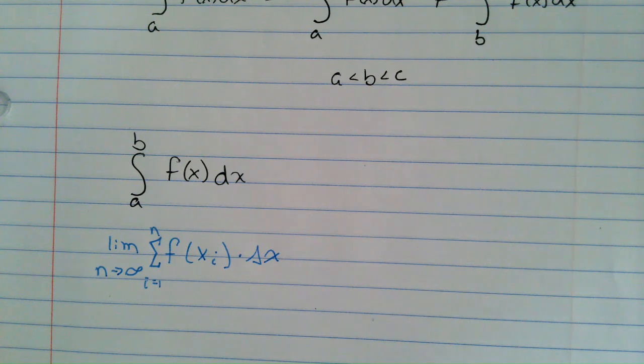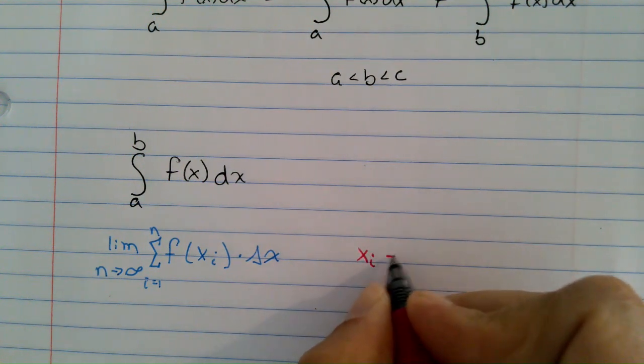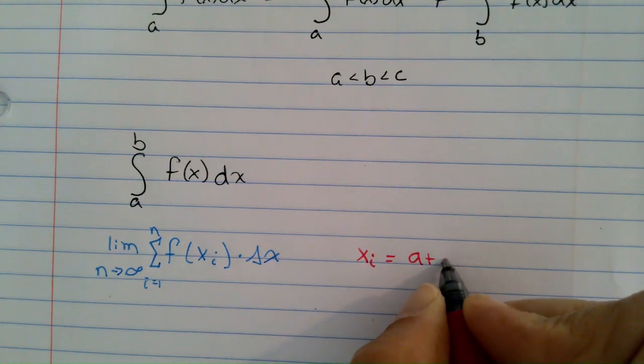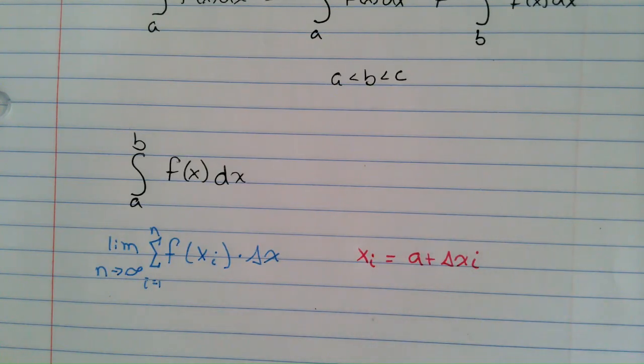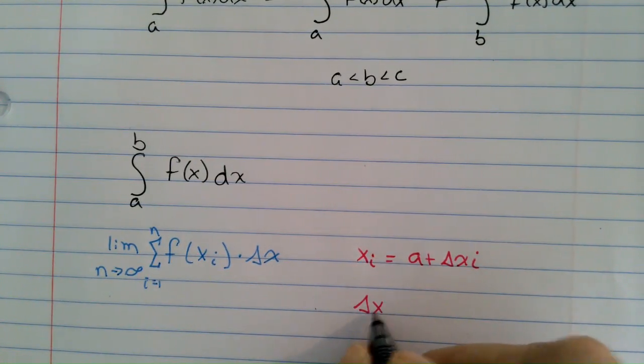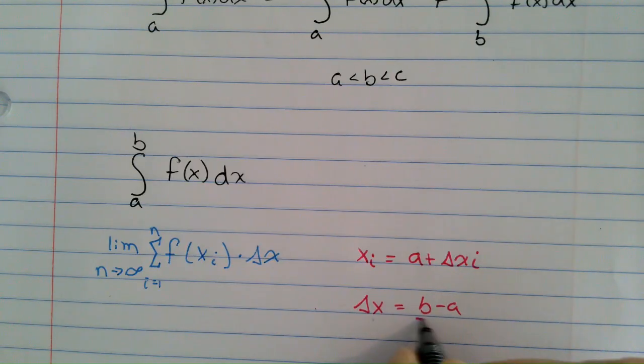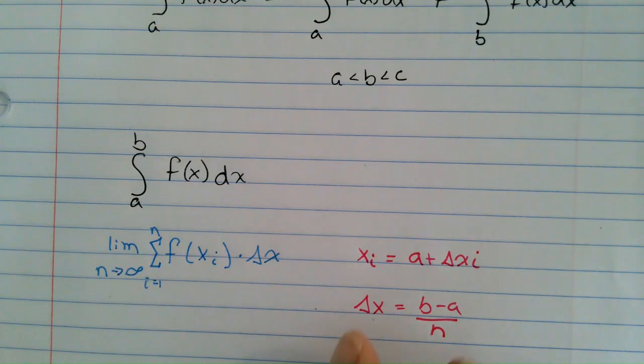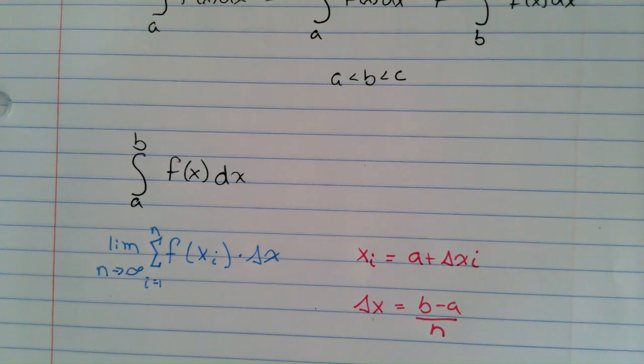Okay? x sub i is going to be a plus delta x i, and delta x is going to be b minus a over n. You're just going to take those and plug them in, right? So there are other ways to do this, but this is the straightforward way for any time you get stuck.